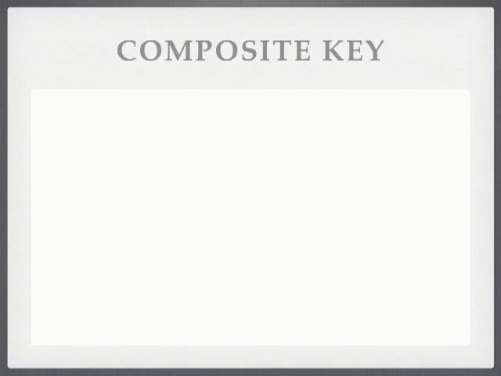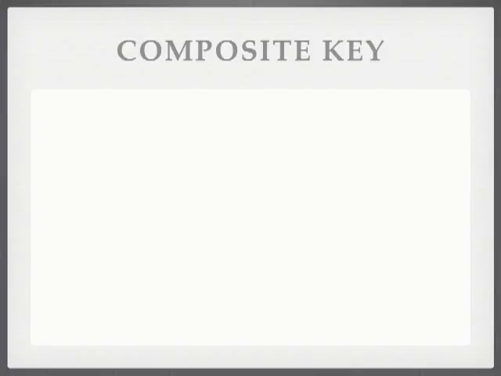Okay, so what is a composite key? Well, in some instances, it might be difficult to find one particular attribute that's unique, but a grouping of attributes could be unique. So that would then give you a composite key. A good example would be if you've got a table full of names and lots of people with the same surname, but everybody's got a different first name.